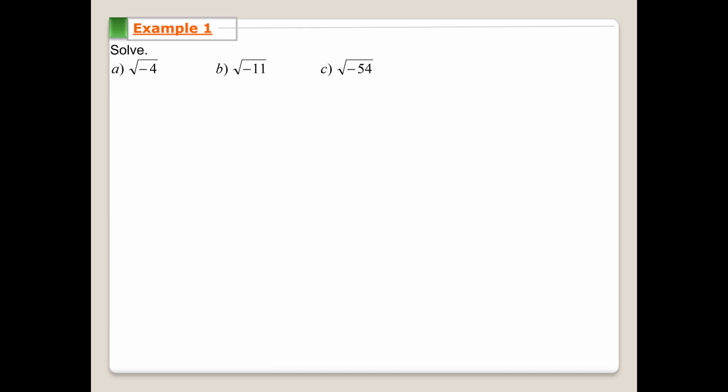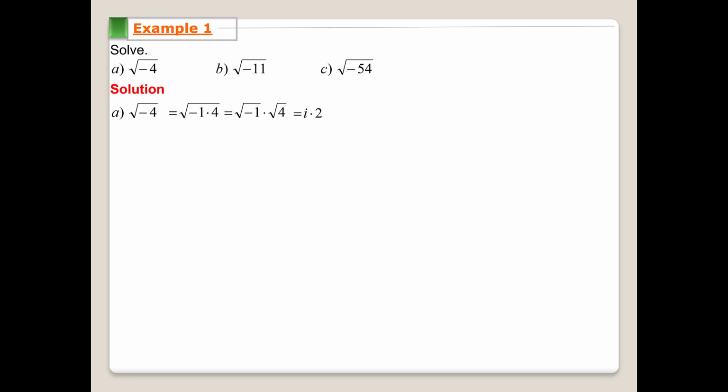So let's look at this. We have the square root of negative 4. We can break that down: the square root of negative 1 times 4, in which case we have the square root of negative 1 times the square root of 4. We know what the square root of negative 1 is now, and we know the square root of 4 is 2.